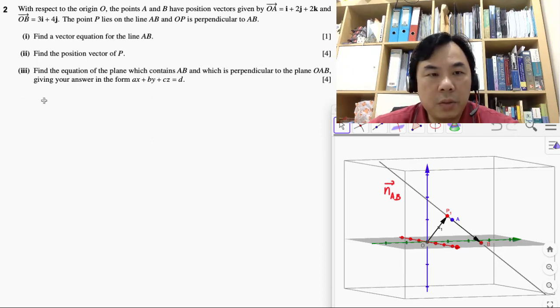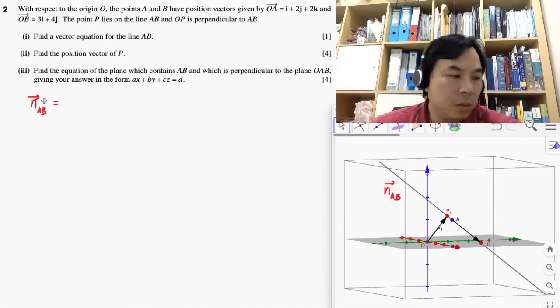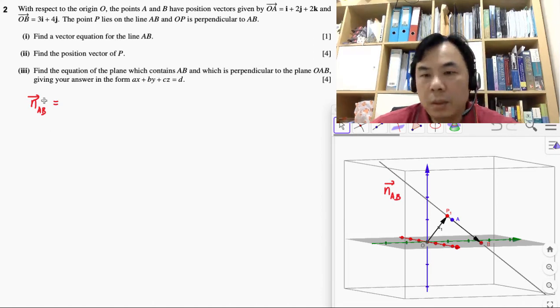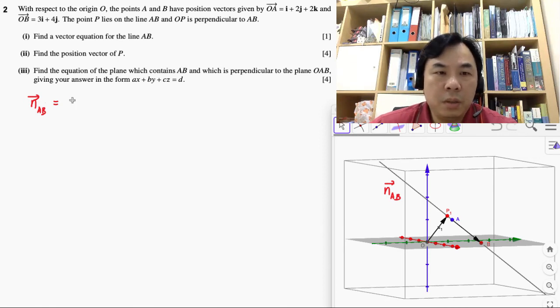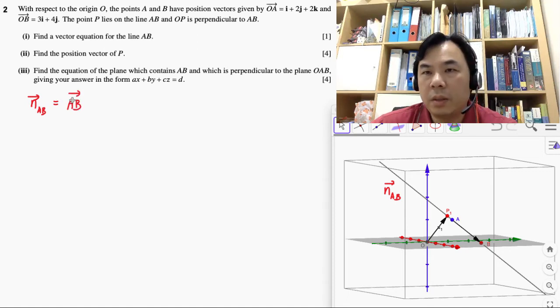So the direction vector for line AB is given by this. Bear in mind, this is just my notation. If you like to use your own, by all means, go ahead. The direction vector that represents line AB is basically in the same direction as vector AB.